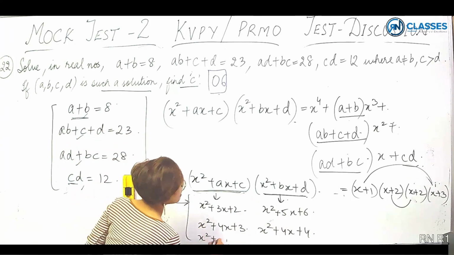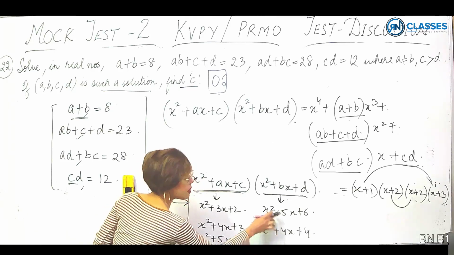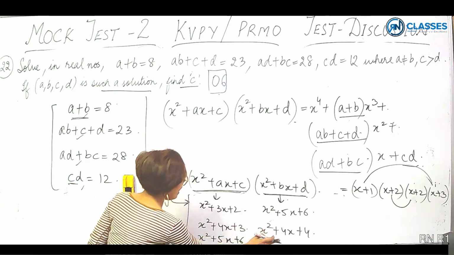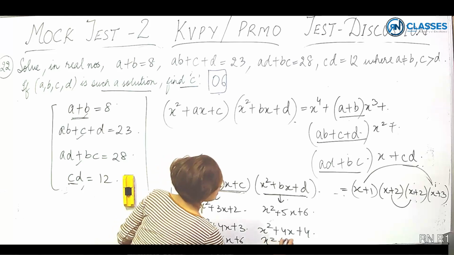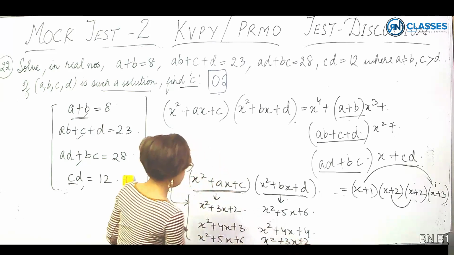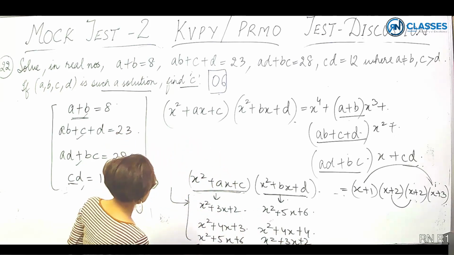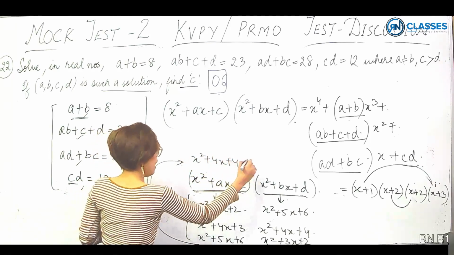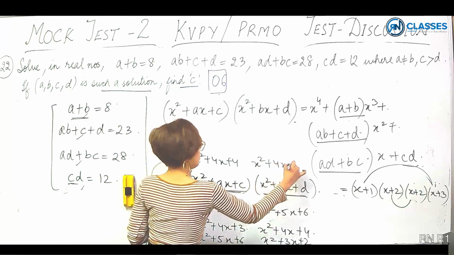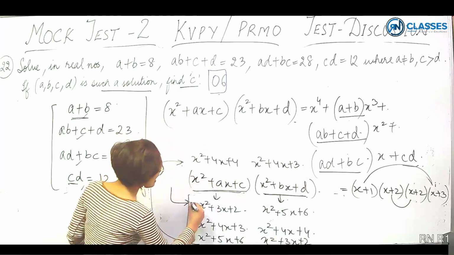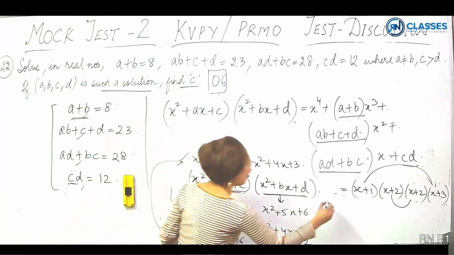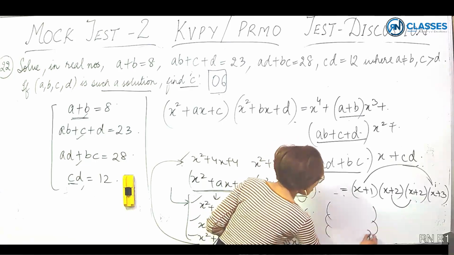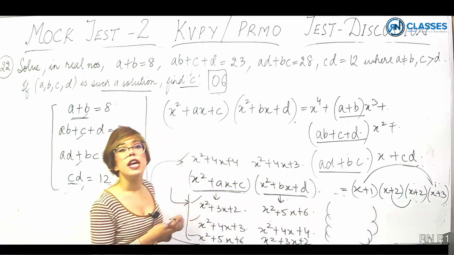So, this is x square plus 5x plus 6, and these can be interchanged, with the corresponding x square plus 3x plus 2. And one case would be, I don't have a space here, so maybe I can write here, x square plus 4x plus 4 and x square plus 4x plus 3. In each of these cases, you will get the ordered quadruple, which are the solutions for the equation.